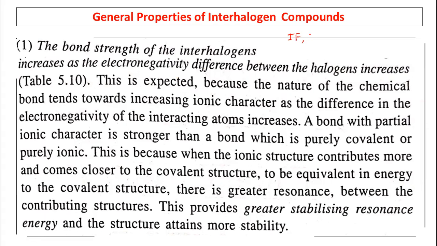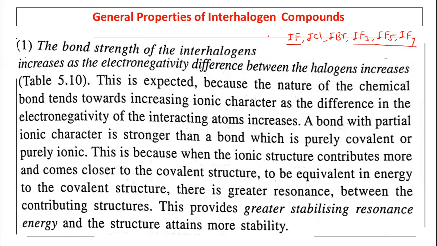Then iodine trifluoride, iodine pentafluoride, iodine heptafluoride. These compounds are called higher interhalogen compounds. We know that in interhalogen compounds, one of the halogen elements shows a positive oxidation state and another halogen element shows a negative oxidation state.